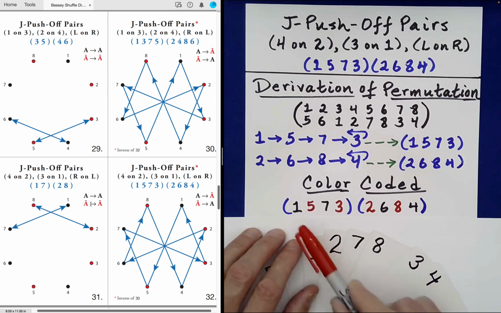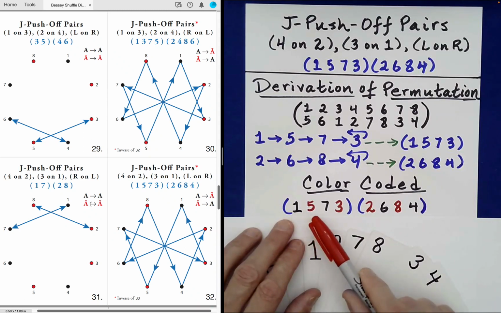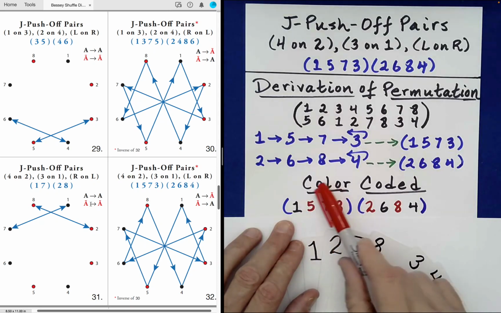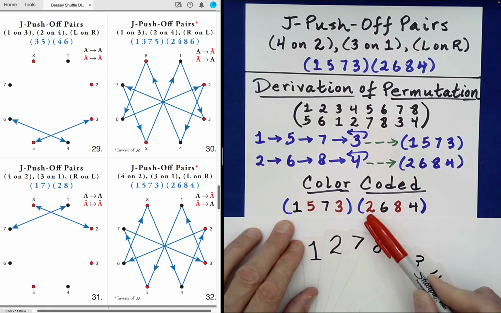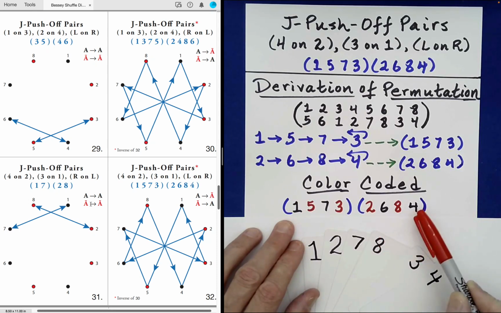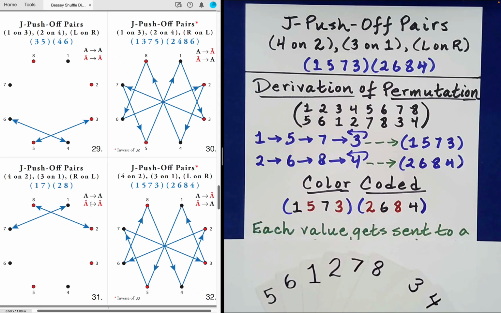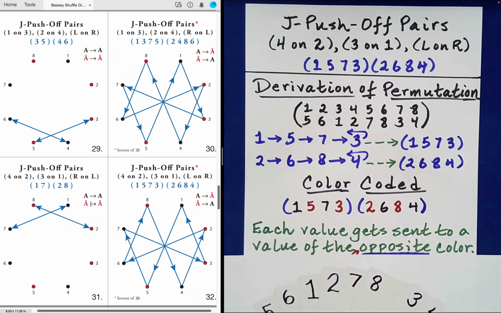So we see that black 1 goes to red 5, which goes to black 7, which goes to red 3, which wraps around and goes to black 1. Red 2 goes to black 6, which goes to red 8, which goes to black 4, which gets sent back to red 2.